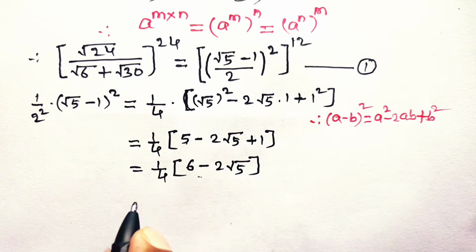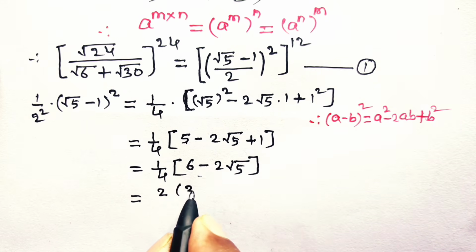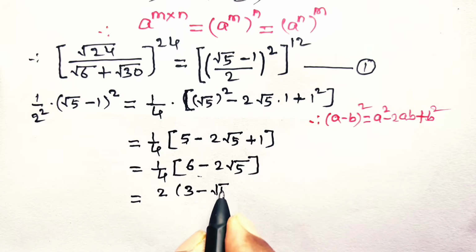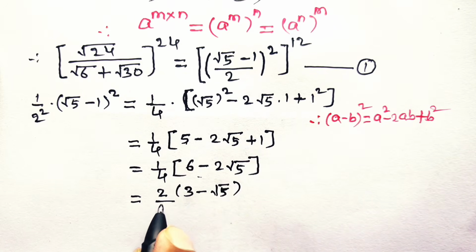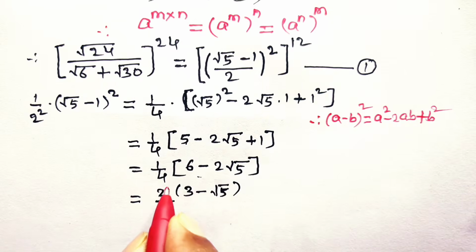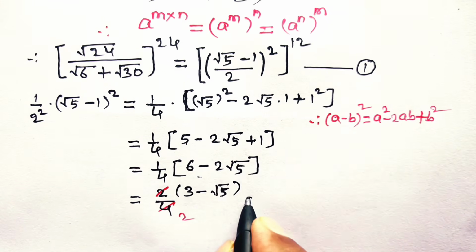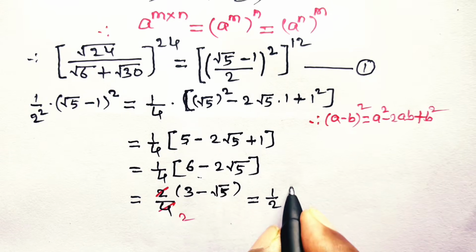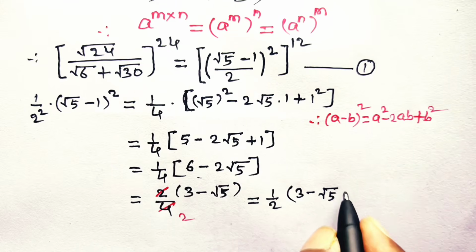So this is equal to 2 into bracket, 6 upon 2 is 3 minus 2 root 5 upon 2 is square root of 5, divided by this 4 as it is. Now here 2 ones are 2, 2 twos are 4. Hence this is equal to 1 upon 2 into 3 minus square root of 5.